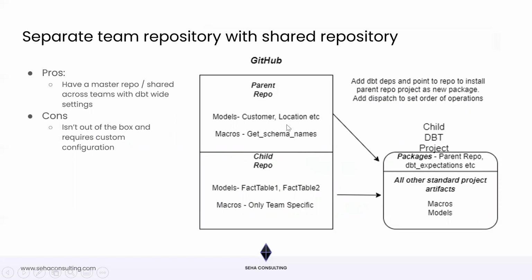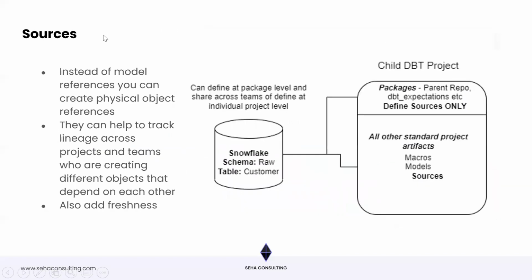So one of the things I'm going to show is sources. If you want to track data lineage from the target tables you're going to create to maybe raw tables that your data engineering team is bringing in, or the shared models that exist in your parent repo, rather than bringing them in as models, we're also going to talk about bringing in shared objects as sources. They can still be in the parent repo, or you could build your own in the child repo as well.